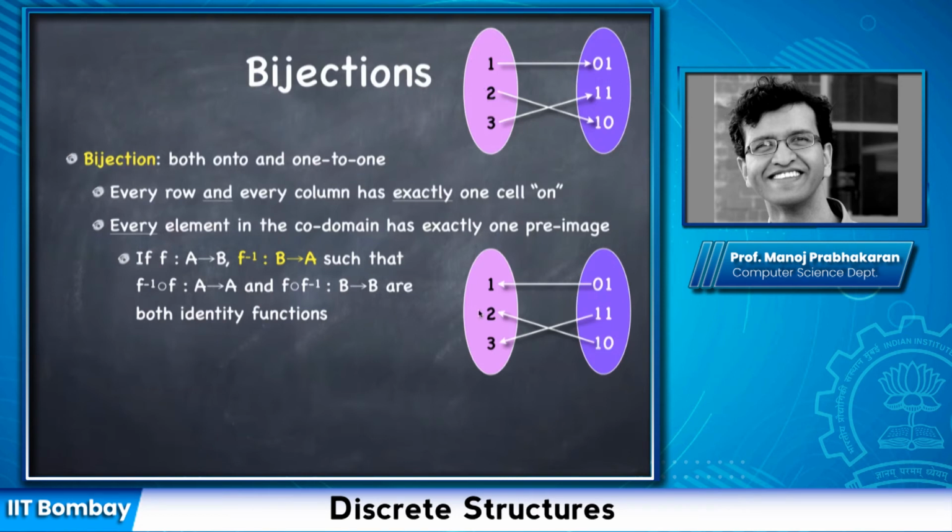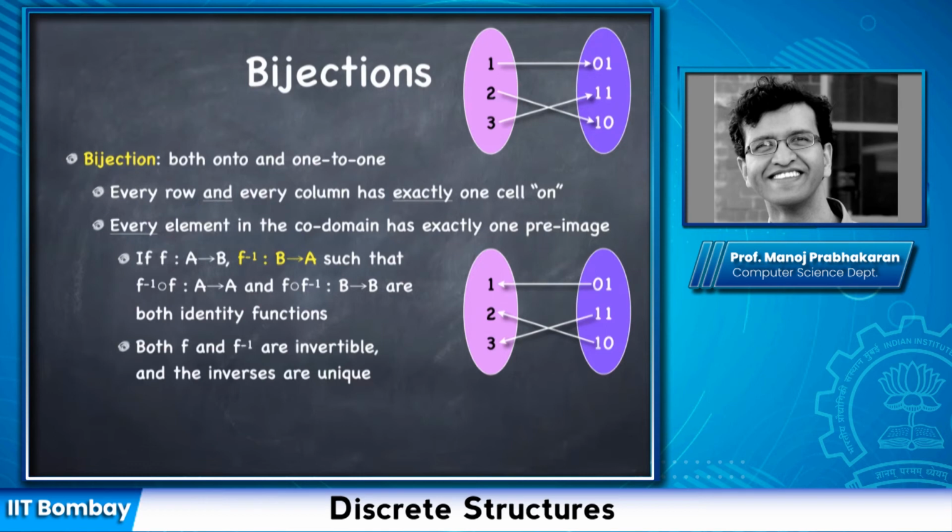Similarly, if I did f of f inverse, first I do f inverse, and then I do f, and I get back to the same place I started from. So f of f inverse and f inverse of f are both identity functions.